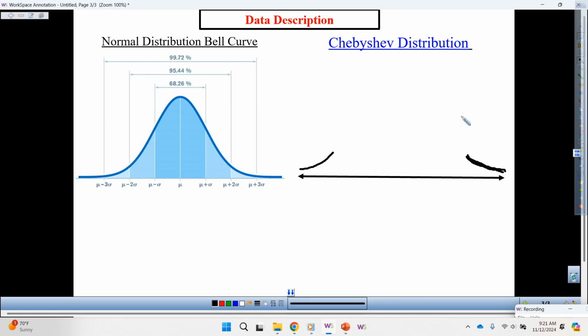Well, as a matter of fact, before I move on, I want you to write Chebyshev distribution on your paper. Leave some lines down. Copy this number line. Here's the beginning of the curve and an ending of the curve. He said that it didn't matter what happened in between as long as you have a beginning and the end. So this is what I'm going to do.